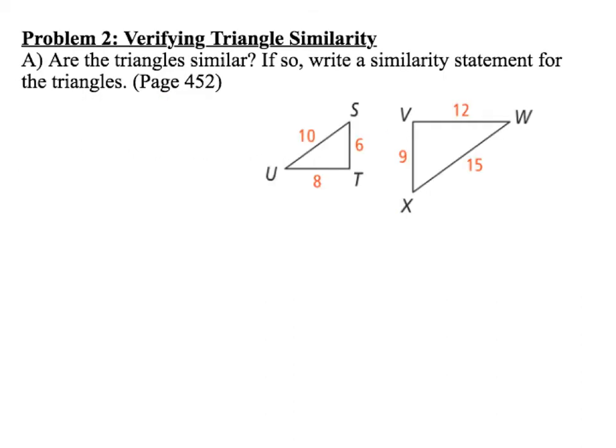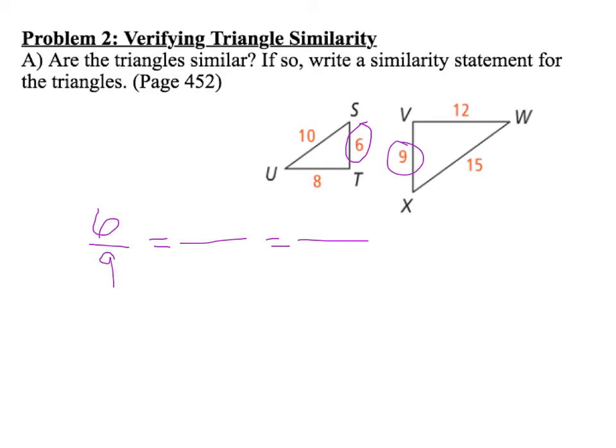So if we want to check and see if these two triangles are similar, then we need to set up an extended proportion. We're going to have 3 ratios where we compare all of the sides of our triangles. My first ratio is going to be the smallest two sides, so ST, 6, to VX, which is 9.